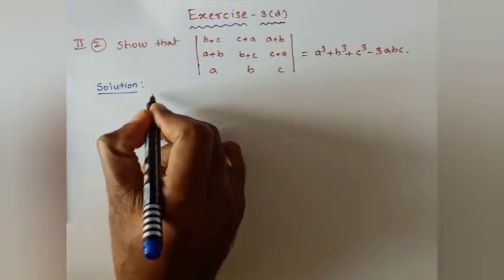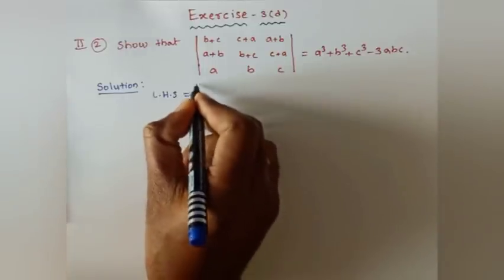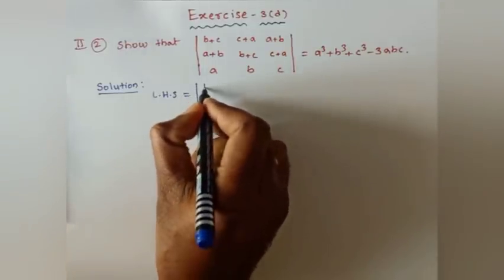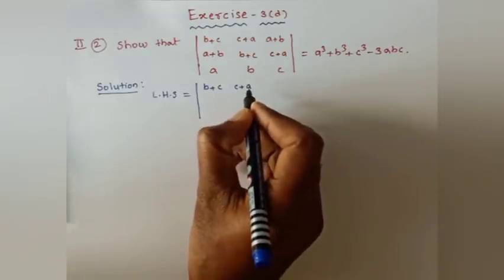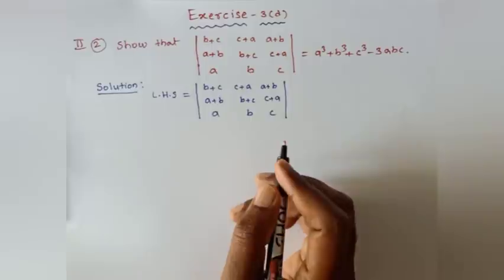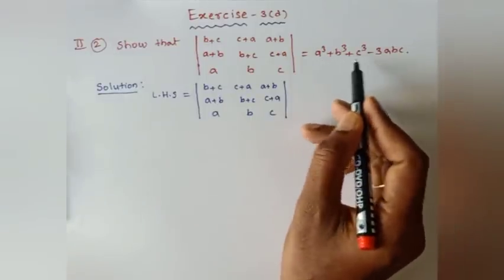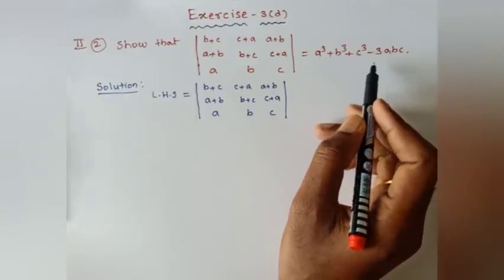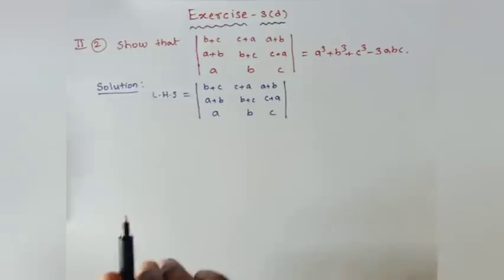Let us consider the left hand side of the given problem. You need to show the RHS part, a cube plus b cube plus c cube minus 3abc, by considering the left hand side.